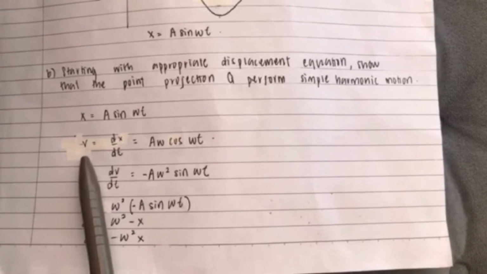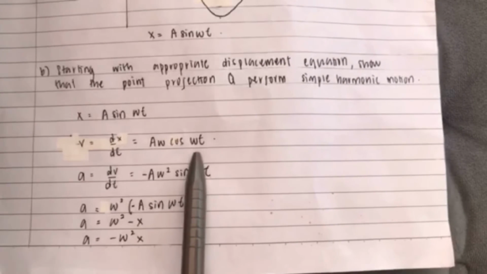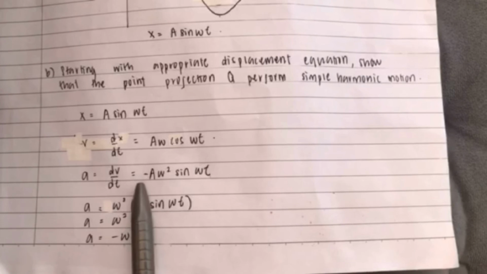Then we differentiate x, and we get v equals to amplitude omega cos omega t. Then we differentiate velocity, and the equation is a equals to negative amplitude omega squared sin omega t.